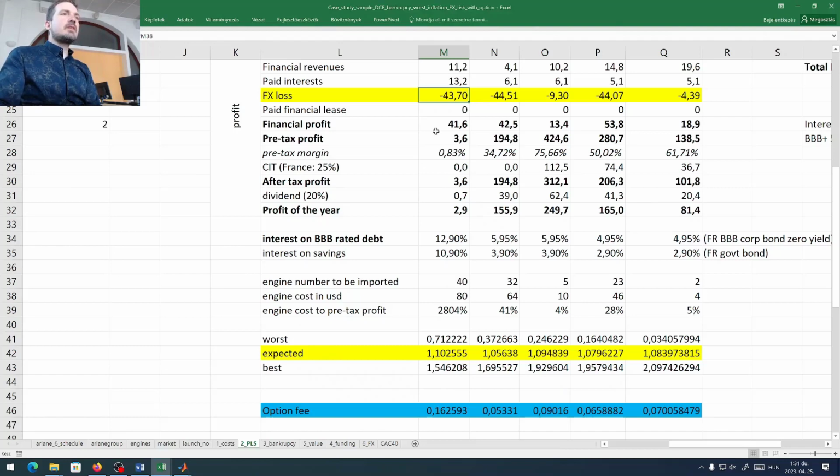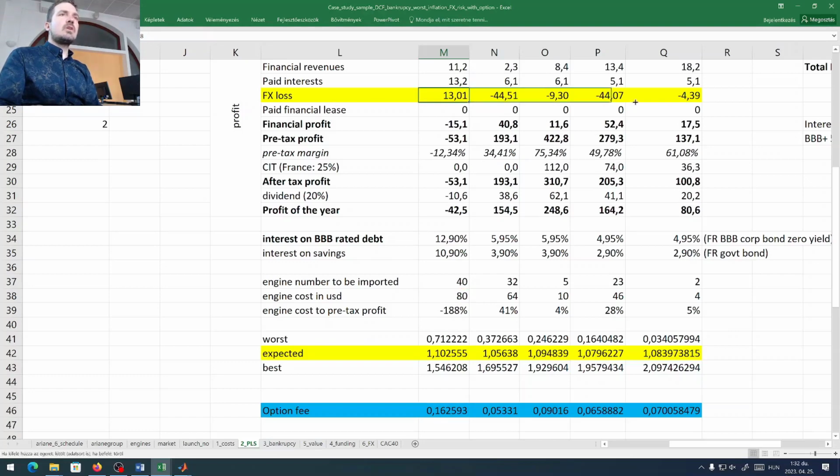So in this case I'm not running the foreign exchange rate risk anymore. I'm saying that for each US dollar I have to purchase, I have to pay this option fee and hedging cost in US dollars. So this is the amount of US dollars I have to secure.